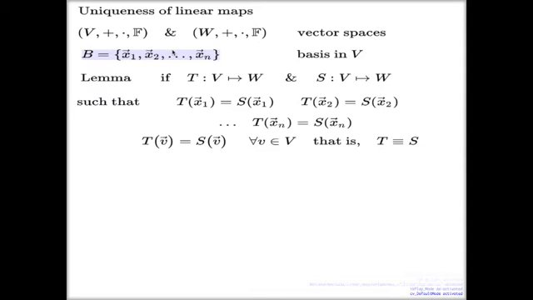And this uniqueness lemma, and in fact the proof of this uniqueness lemma, gives you exactly the mechanism for how to do that. So look at the proof. The proof is actually a simple one, given that you have all of the baggage from our discussions of bases and vector spaces. Look at what it says.